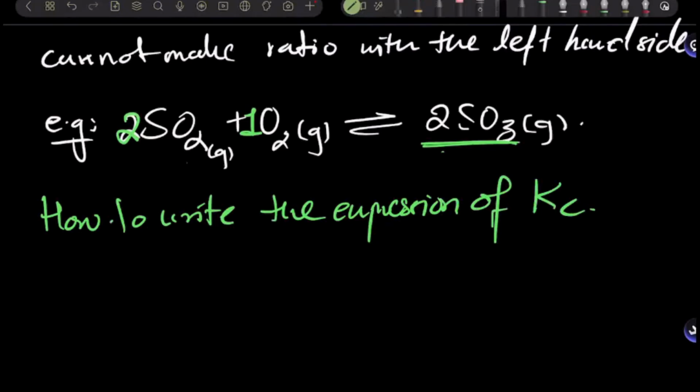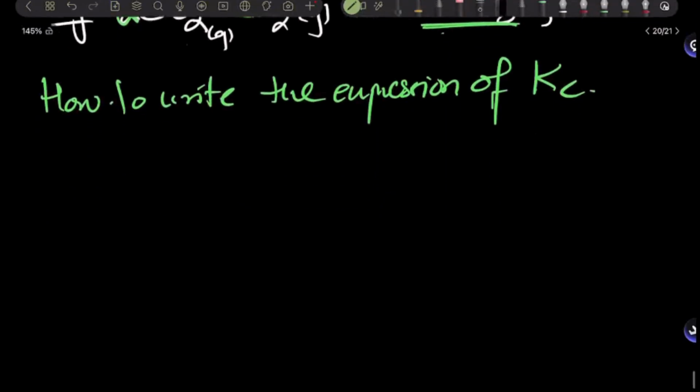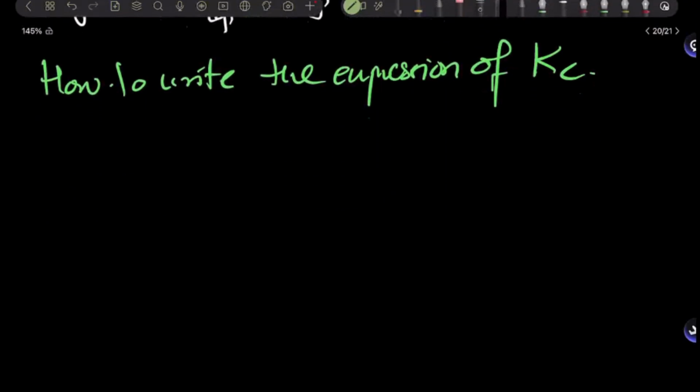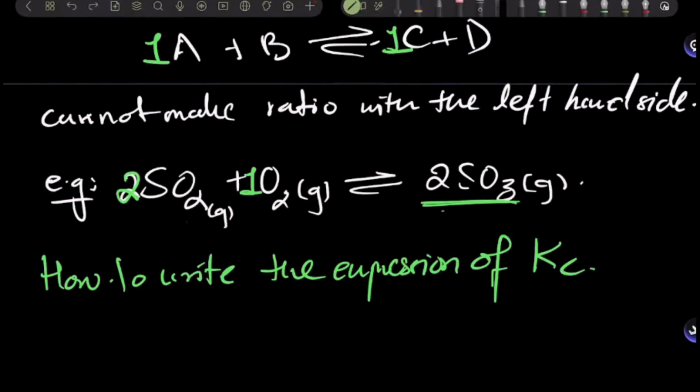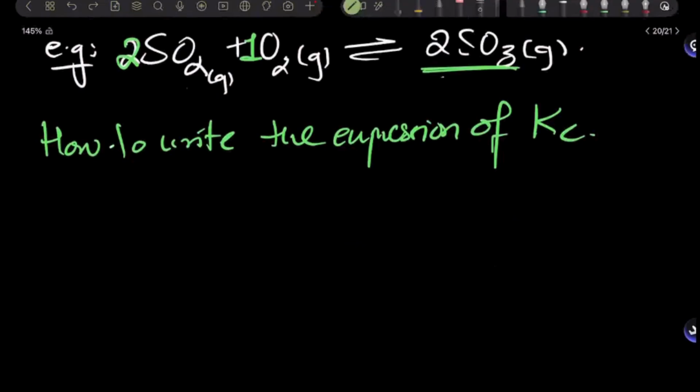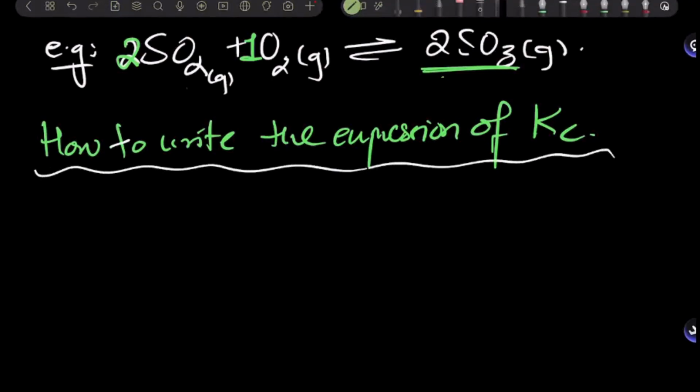In order to write the expression for equilibrium constant, I'll give you an example. This was an example of a reaction which comes to equilibrium, and how we cannot apply the ratios directly because the reaction does not go to 100% completion. So how to write the equilibrium expression or Kc expression? This is the first thing. For that, I'll take a general example.